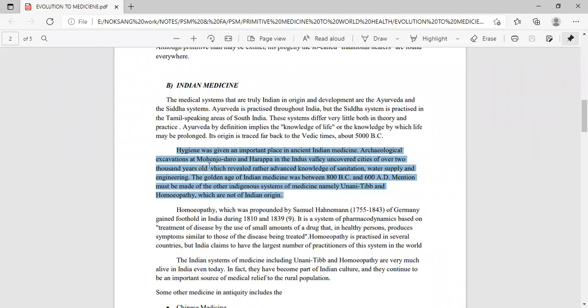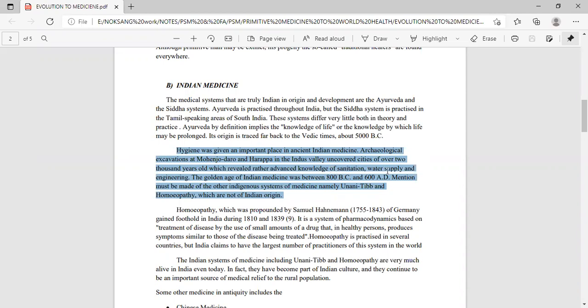Archaeological excavations at Mohenjo-daro and Harappa in the Indus Valley. These are two places at that time. Now they are no more. By the archaeological excavations, it has been found that in these places the lifestyle was completely different. They were more advanced in proper sanitation.